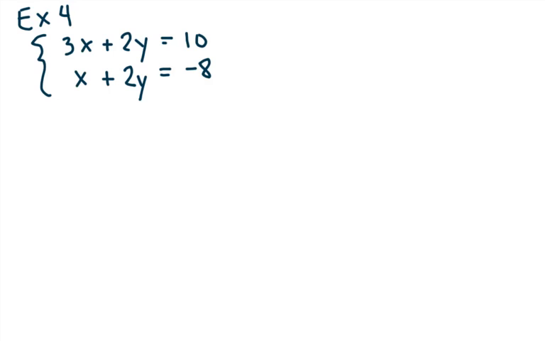So I notice that I have a positive 2y on top and a positive 2y on bottom, and that won't eliminate when I add them, so I need to subtract.